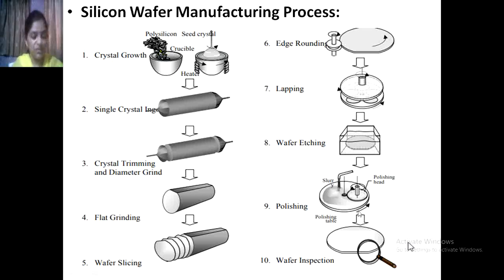After the etching, it is polished, and after that the single silicon wafer comes under inspection. If it is okay, then the silicon wafer is formed. These silicon wafers are used to form the substrate, and over that substrate we are going to form the MEMS structure. So, understood what process is applied in the silicon wafer manufacturing process.